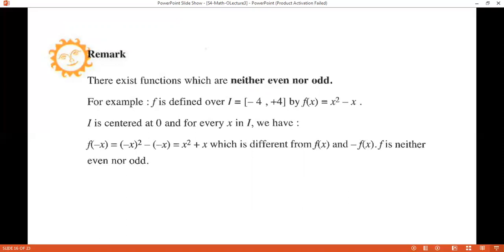The interval is centered at 0, but the function is not even and not odd. Look at that, because if we replace x by minus x, it's not even and it's not odd. So it's neither even nor odd.